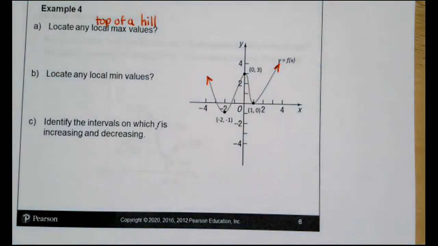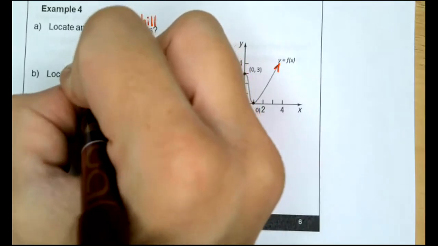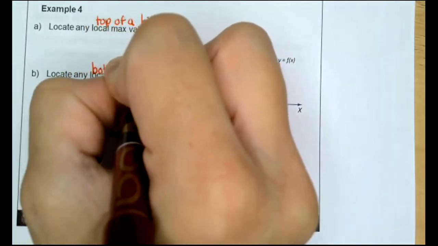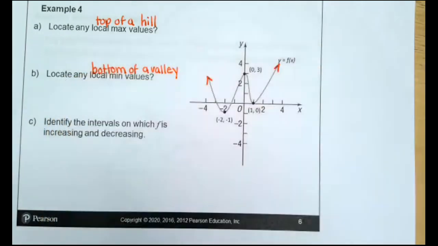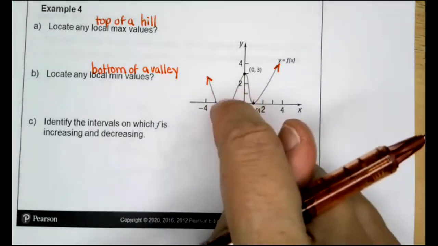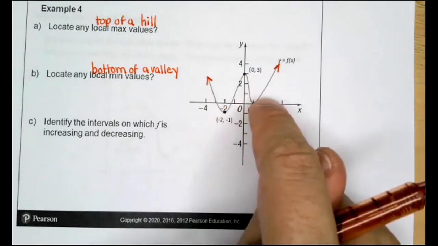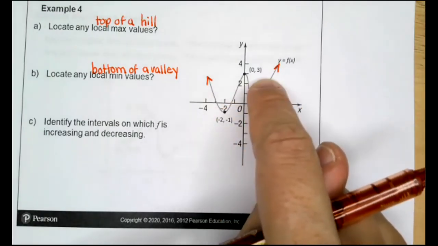And sometimes they will have two. Local min values would be the bottom of a valley. And because it's local, you can have more than one. So locally, this is the lowest. Locally, this is the lowest. Even though this is lower than this, this is still a local min.